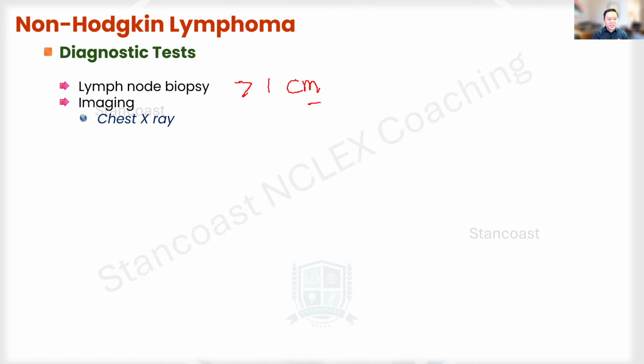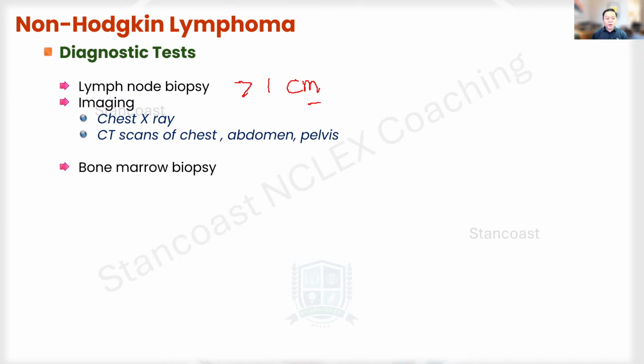We have the chest x-ray, the CT scan of the chest, the abdomen, the pelvis will also help in evaluating the severity and also the spread of the cancer cells. There's also a need for the bone marrow biopsy to check for the spread of the cancer cells into the bone marrow itself.